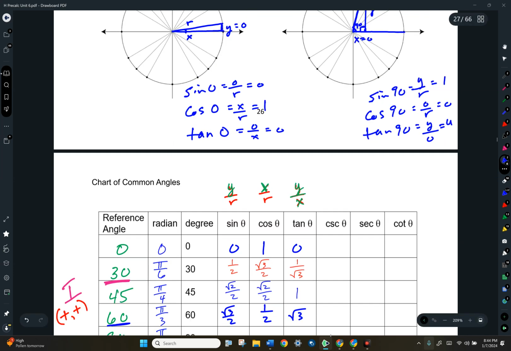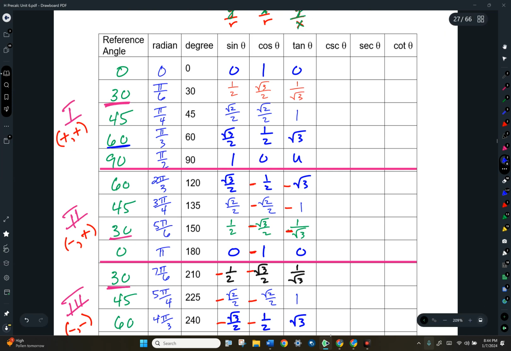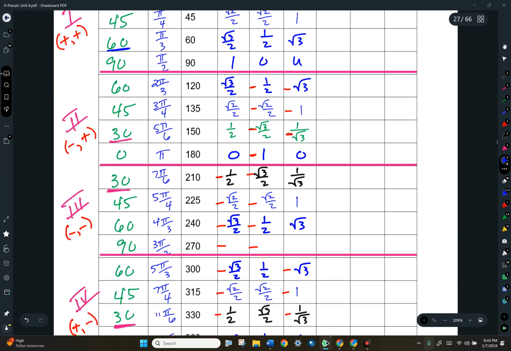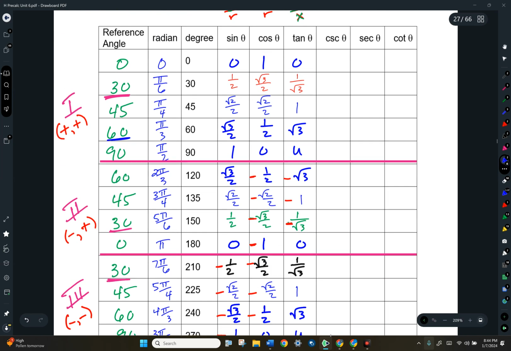Okay, so for 90 degrees, the sine is 1, the cosine is 0, and the tangent is undefined. So let's fill in all of the 90-degree reference angles. 1, 0, undefined. I think that's it.